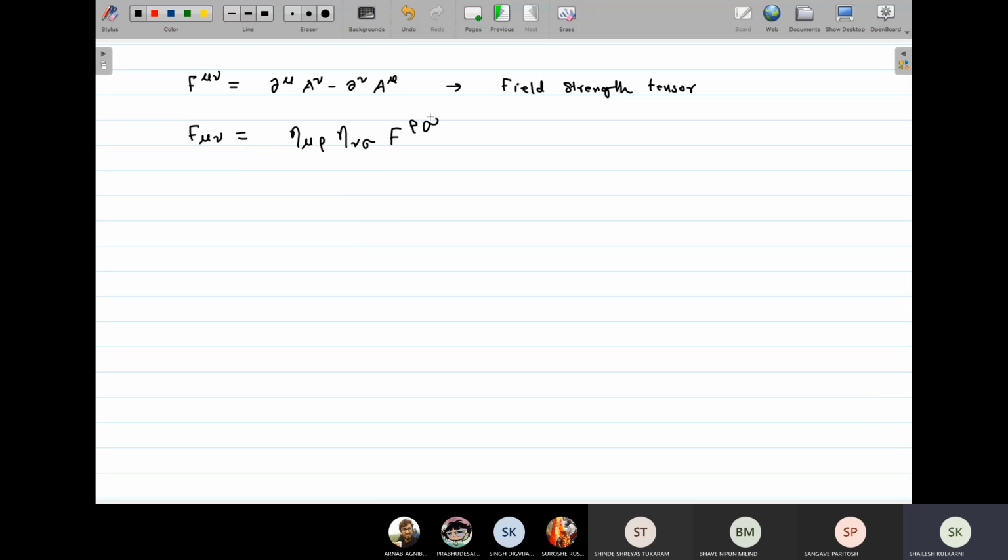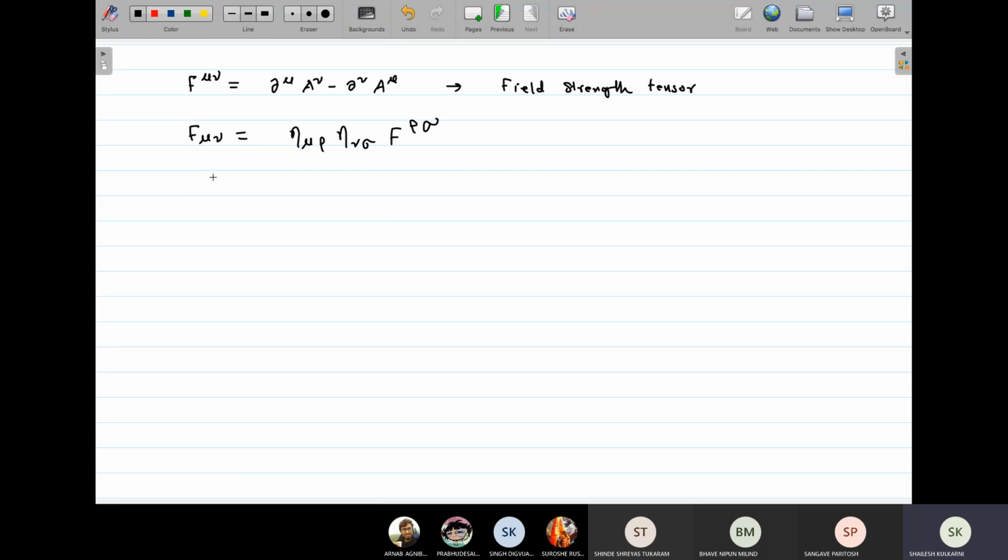Now one can define something else; I will state that, and the explanation I will give later on. Maybe I will postpone this discussion because I need to define the epsilon symbol in 4 dimensions. That I will postpone.